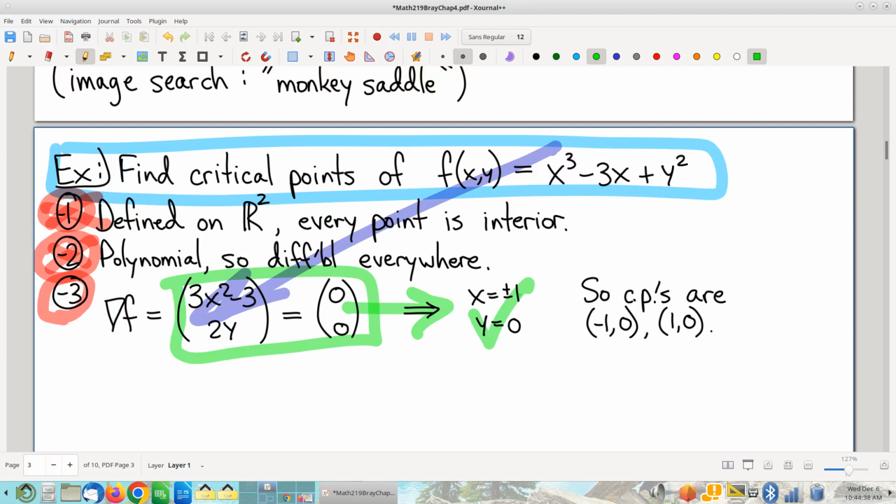Second equation totally tells you y is 0. And boom, 2 critical points. So again, what do I know about these points? Basically nothing. All I know about these points is that I don't know what's going on at these points. I can't eliminate them. And what's actually happening? No comment.